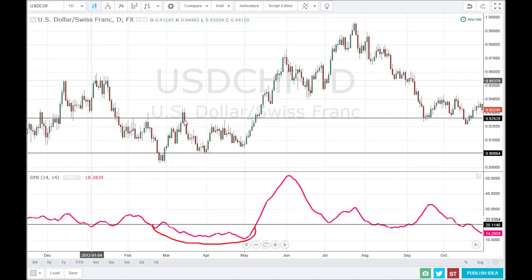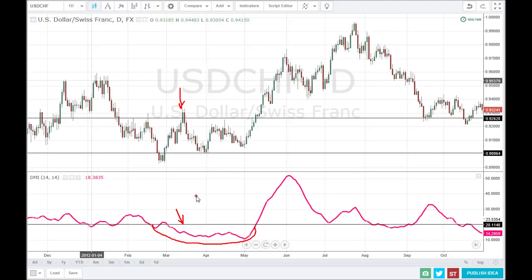And you'll notice that when we had this false breakout, the ADX was clearly in the 20 zone, under 20 on the gauge.